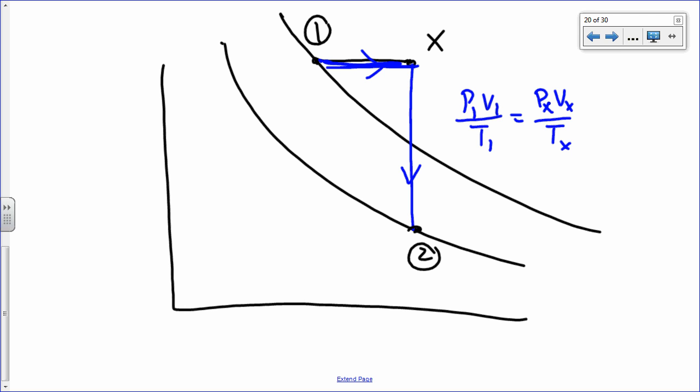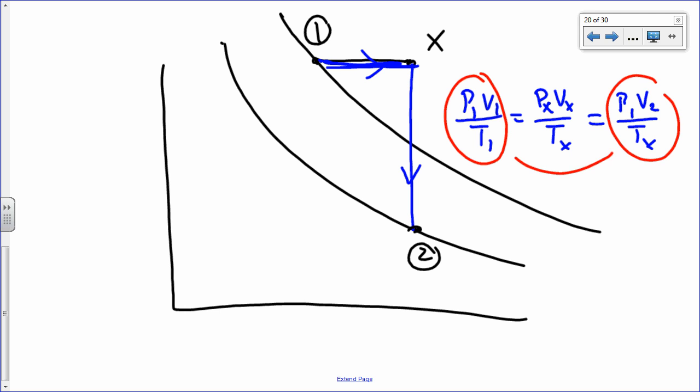But what is my Px? Px is the same as P1. What is my Vx? The same as V2. And so I can solve for my Tx using P1 V1 over T1 equals P1 V2 over Tx. Or what's another way I can solve for Tx? I can say that P2 V2 over T2 is equal to Px Vx over Tx. So that's going to be P1 V2 over Tx.